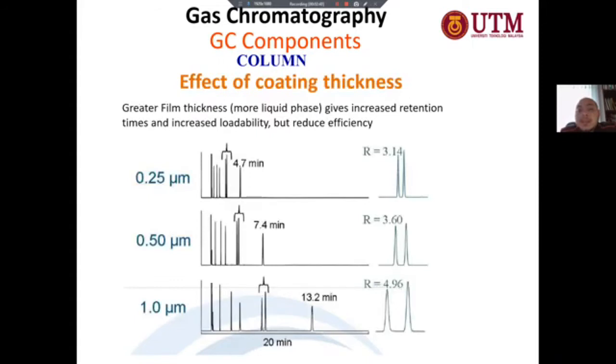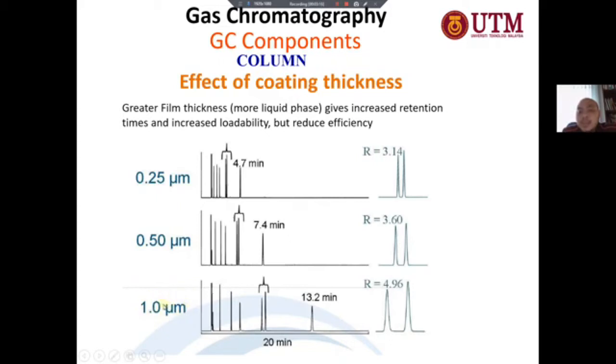Okay, the next one is the effect of coating thickness. Greater film thickness gives increased retention time and increased loadability, but reduces efficiency. To have a very great separation, we need to use the thicker coating.